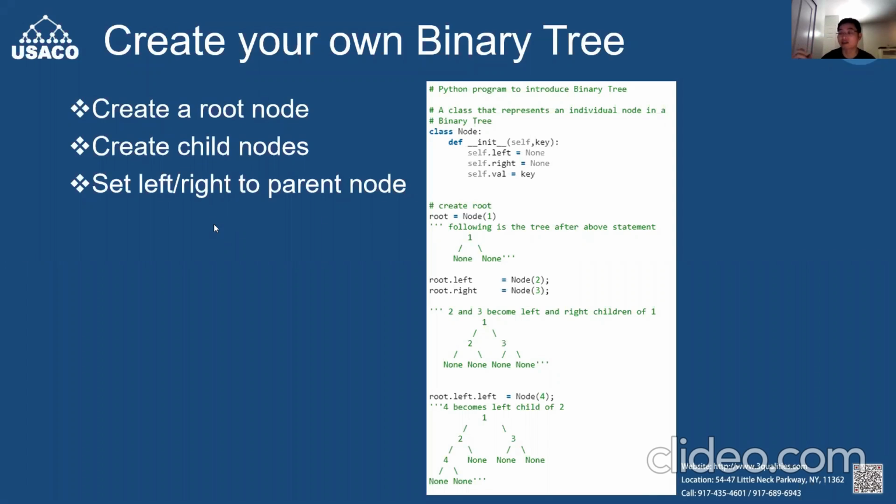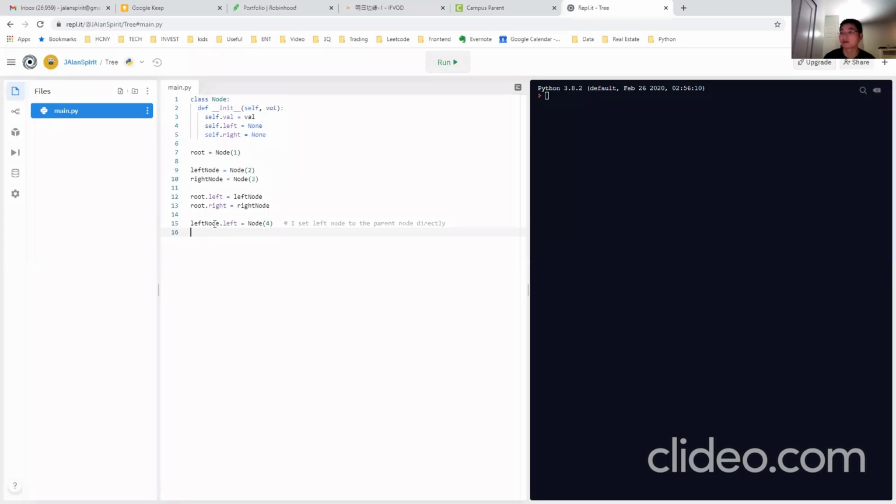I want to set the left child node of node 2. You can say root left left equals new node. So there's another way. Suppose I make the change for the right: starting from the root, root right right equals node 5.